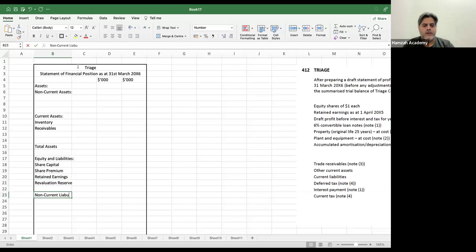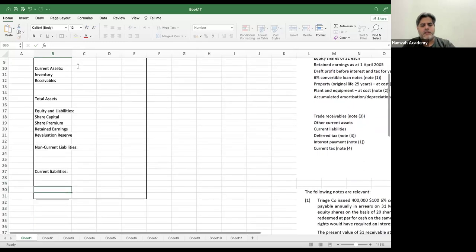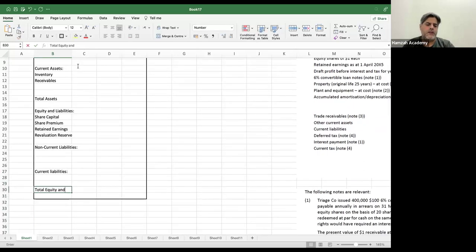We have non-current liabilities. Then we have current liabilities. And then we'll have total equity and liabilities over here.